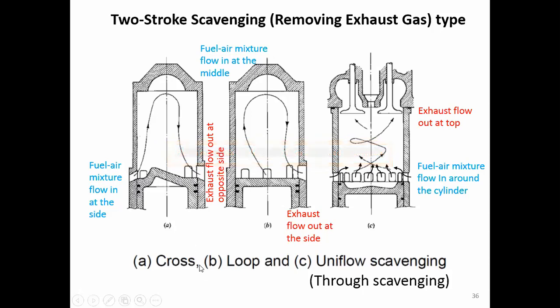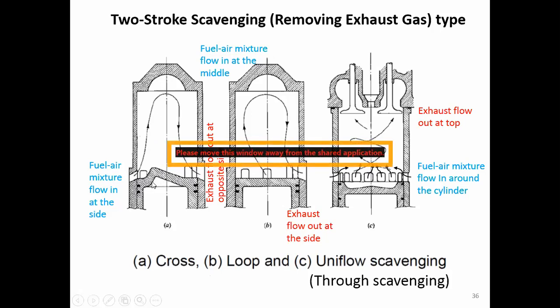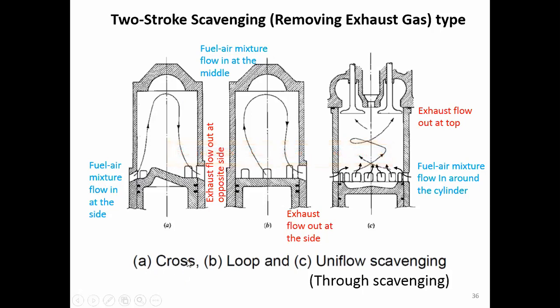Remember, the scavenging process happens during the expansion stroke. So this piston is moving down, so these two ports open. Inside here, we have the exhaust gas, and when this port opens, the fuel and air mixture flows in and pushes the exhaust to flow out. If it flows like this, it is called cross scavenging.